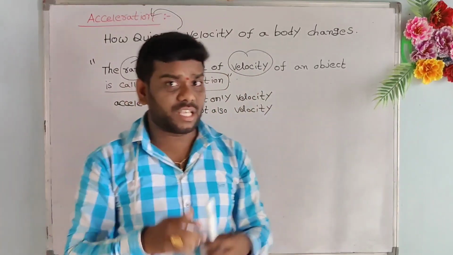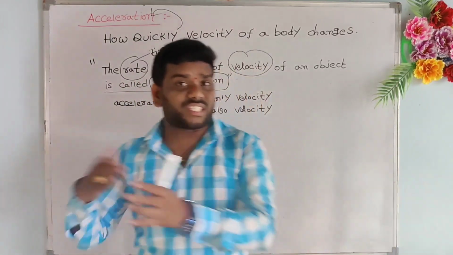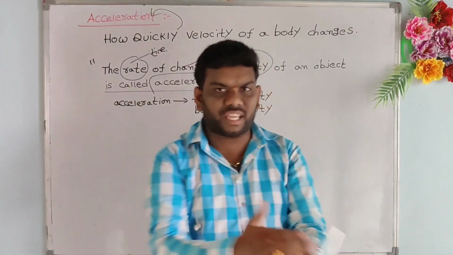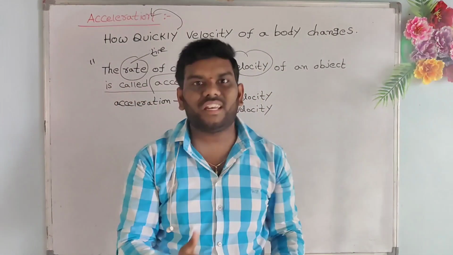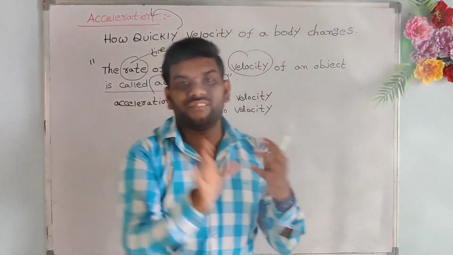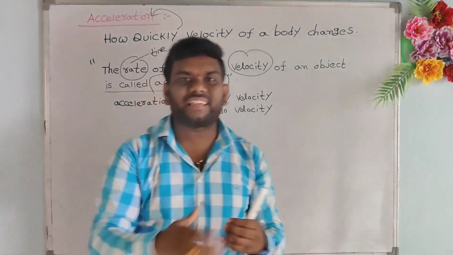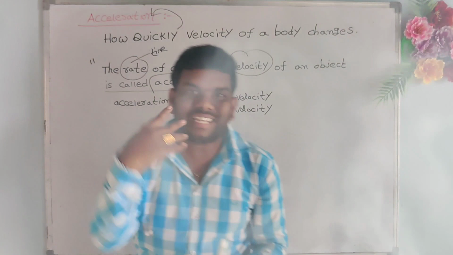So in this case, the train's starting velocity, then it increases, then finally it comes to rest. So in this case, velocity gradually increases and gradually decreases.